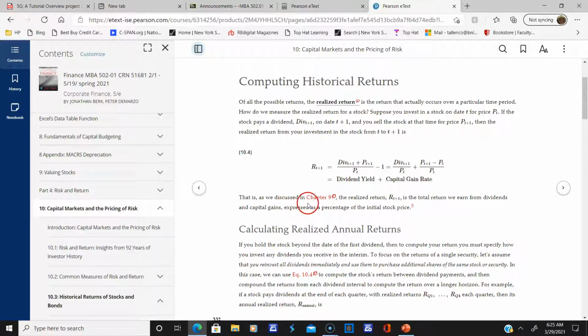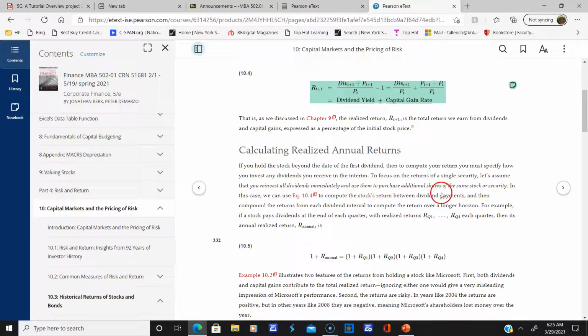So that is, as we discussed in Chapter 9, the realized return is the total return we earn from dividends and capital gains, okay? So this is a simple equation. It's just addition and division. And again, this is different than the expected return we saw previously.